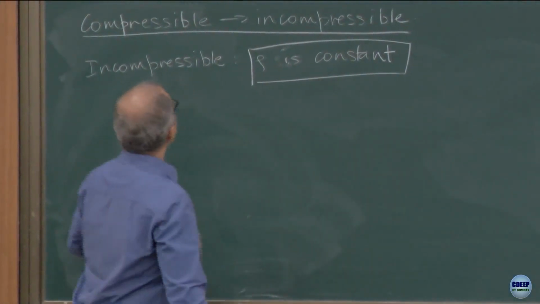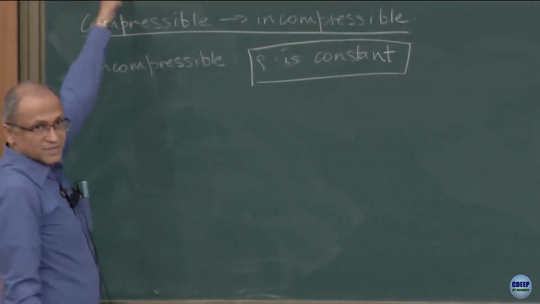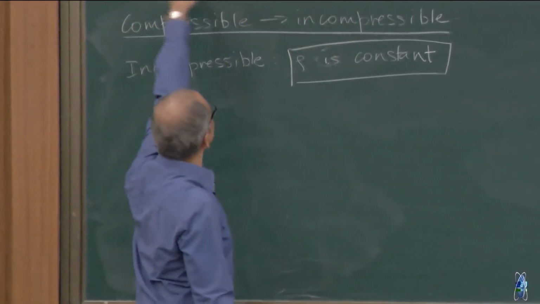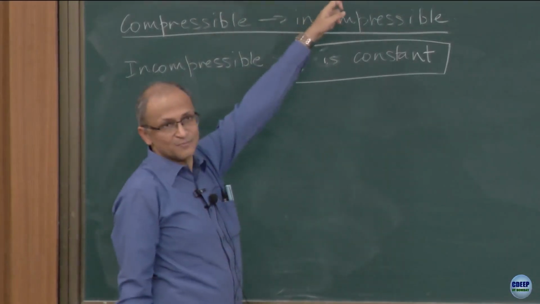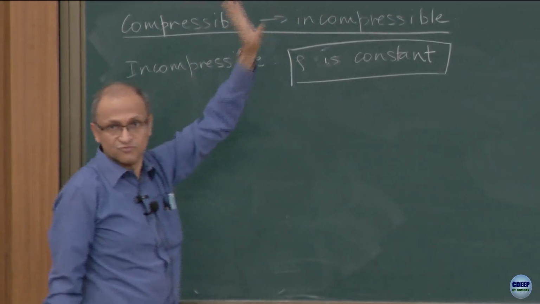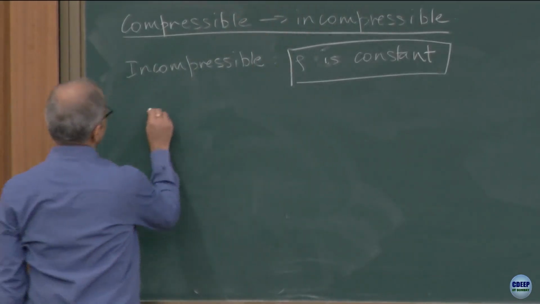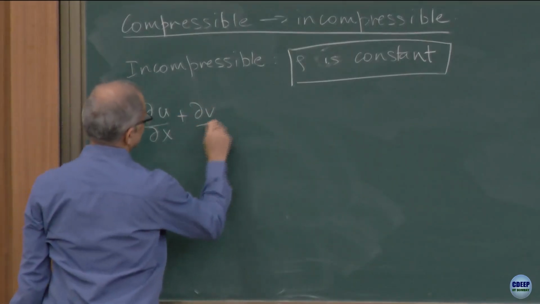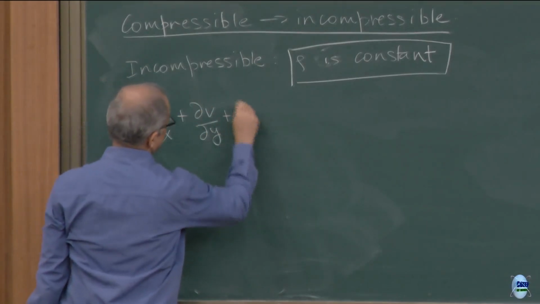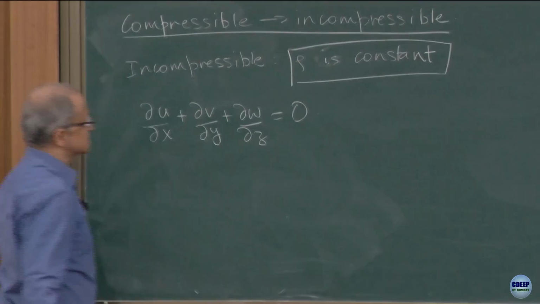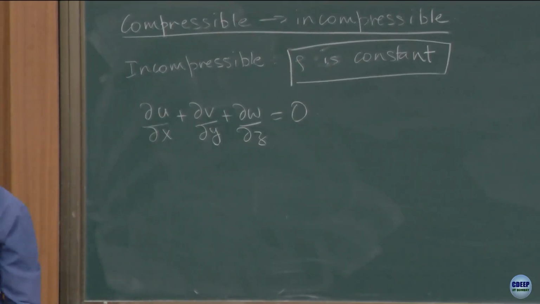So now we can go to the continuity equation and see that if density is a constant, the first term goes away, and the remaining terms I can pull density outside the derivative, which I can remove further. So I'm left with dou u dou x plus dou v dou y plus dou w dou z is equal to 0.